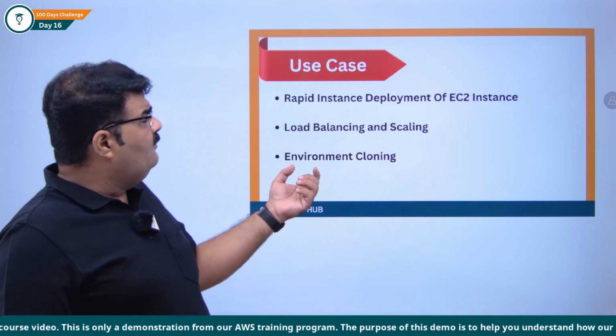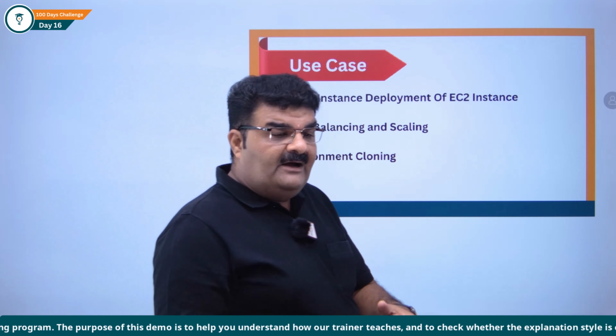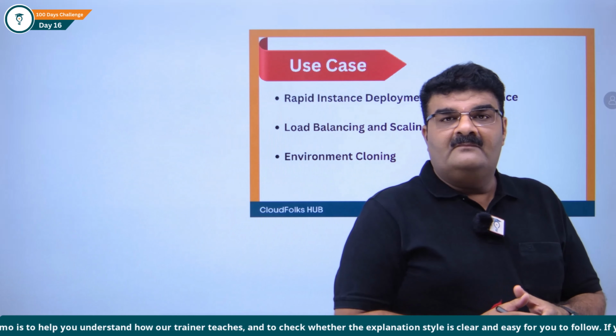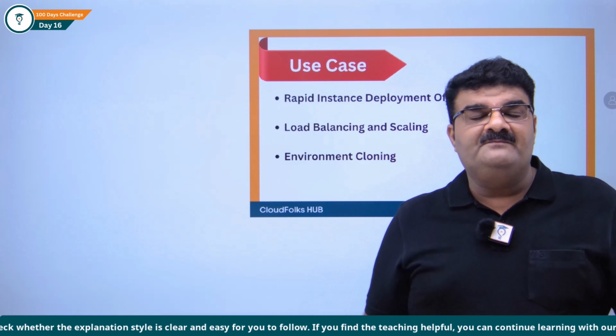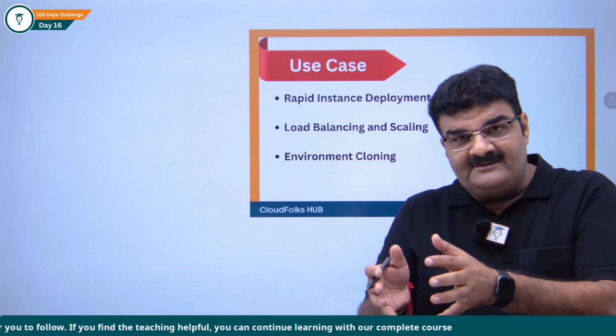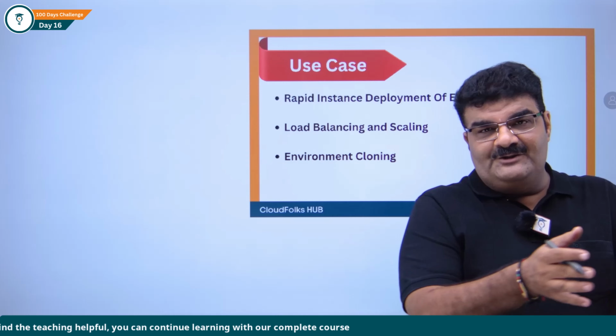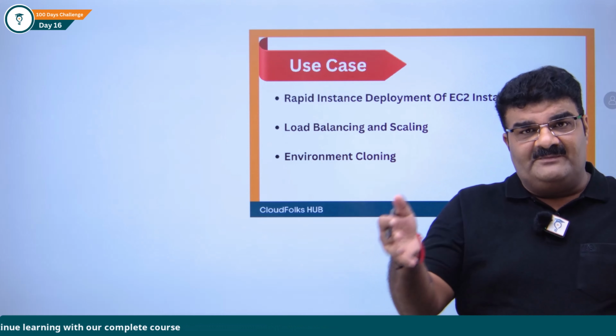The third use case we call environment cloning. I have one environment and I want an identical environment for others. Now there are two ways. You can create multiple EC2 instances, then install the various operating systems and applications over there.